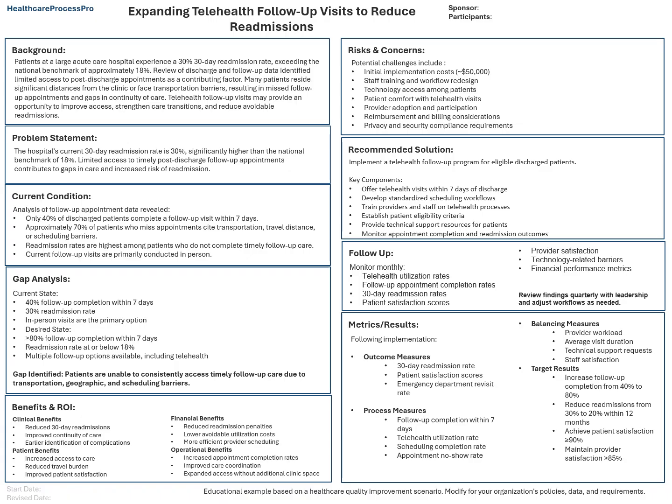This is also where you'll summarize what is already known about the topic. Depending on your project, this might include organizational data, benchmarking, industry best practices, or findings from the literature that support why improvement is needed. One of the most common mistakes I see is treating the background section like a research paper and trying to include every detail you can find.